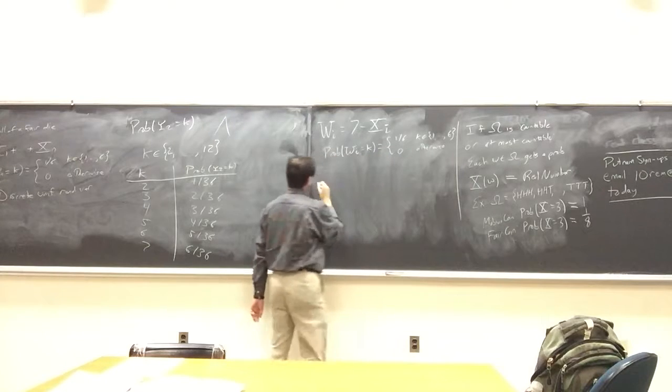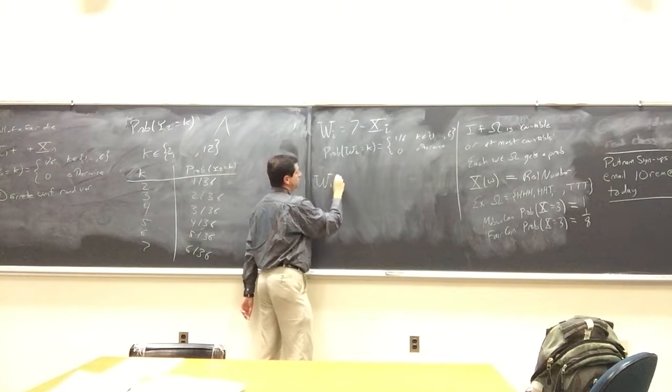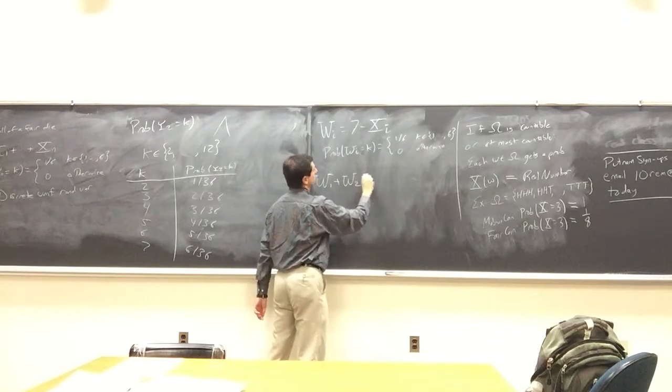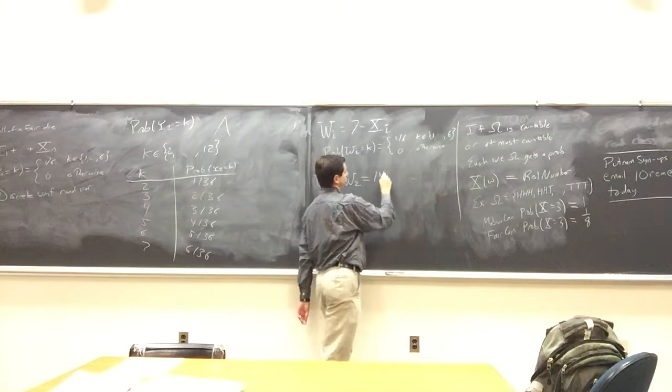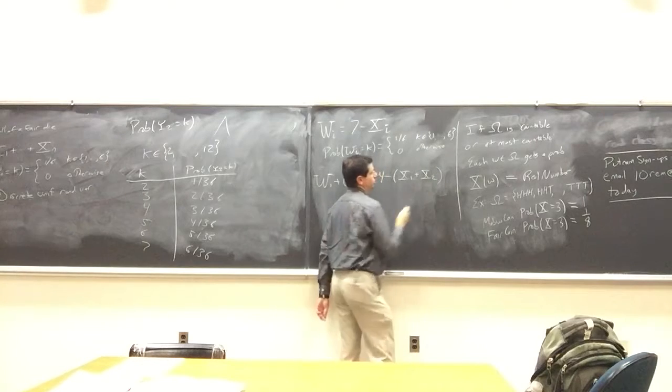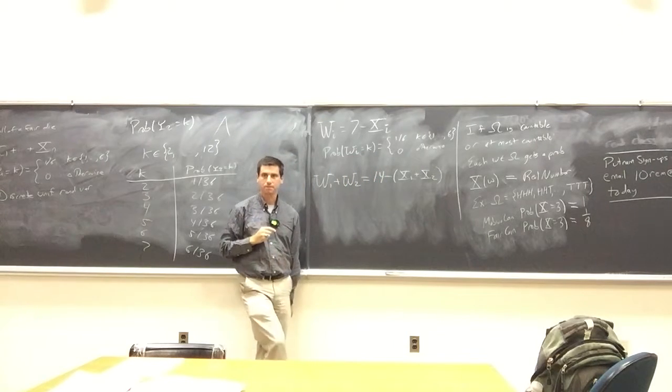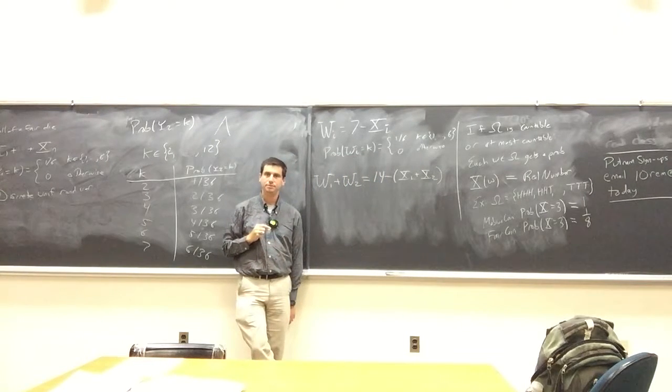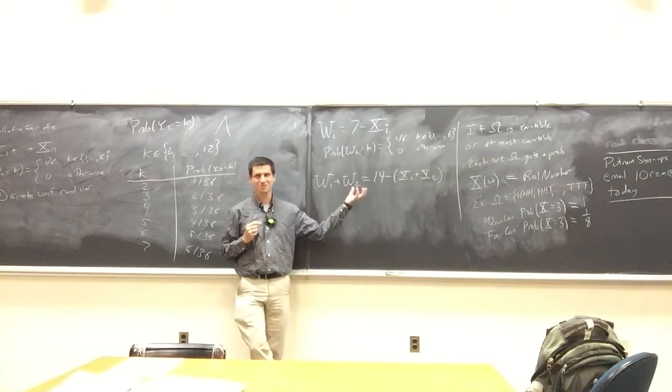So now if you look at W1 plus W2, that's the same as 14 minus X1 plus X2. Hopefully I haven't made any algebra mistakes. This is reasonable.